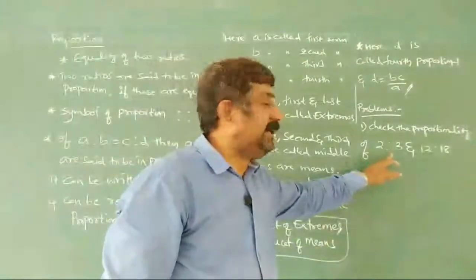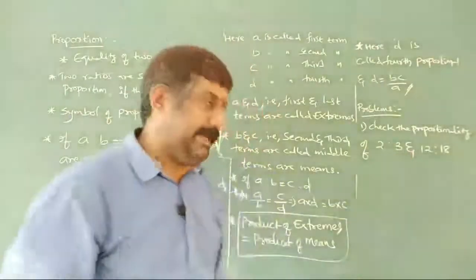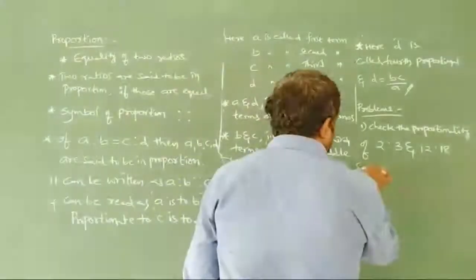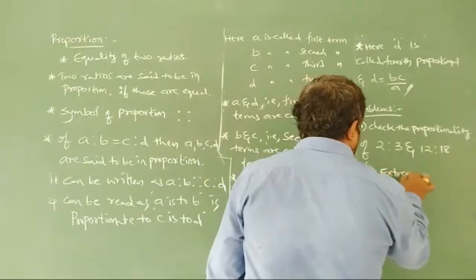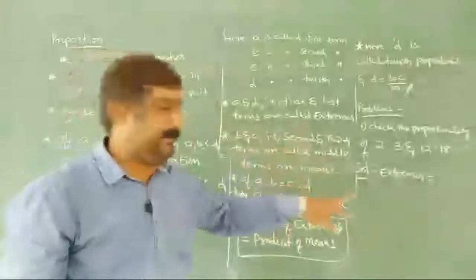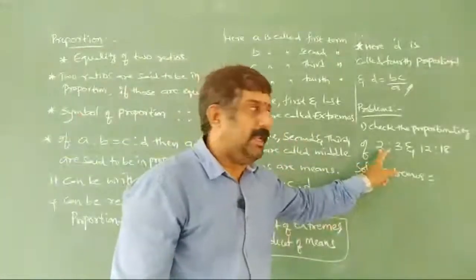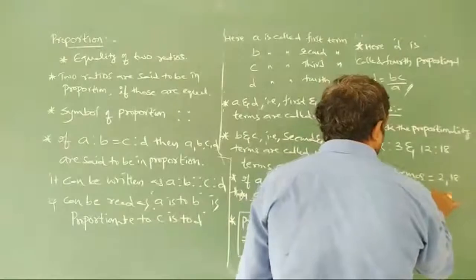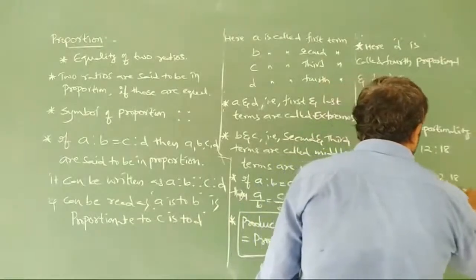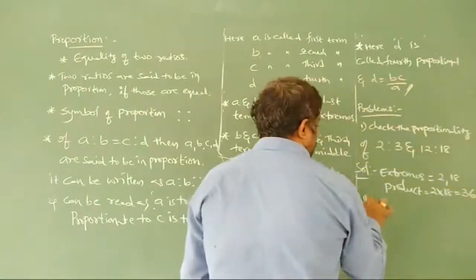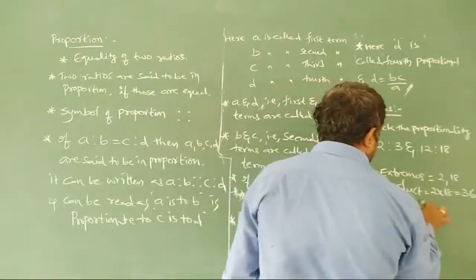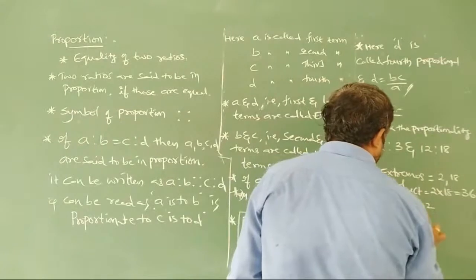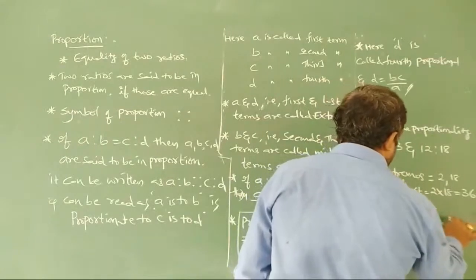What are extremes here? Extremes: first term and last term. What is the first term? 2. Last term is 18. 2 into 18 is 36. And what are means? Middle terms, nothing but 3 and 12. So the product is 3 twelves are 36.